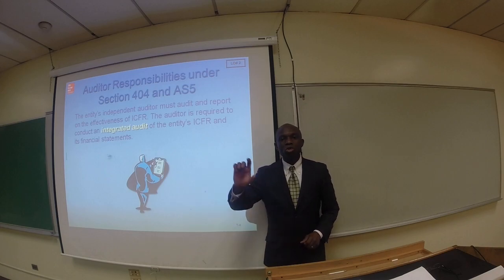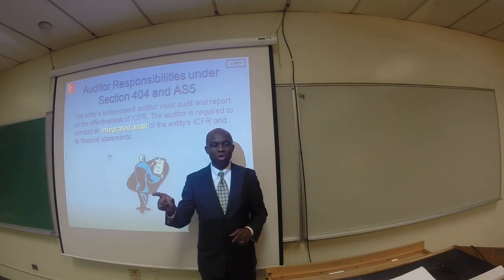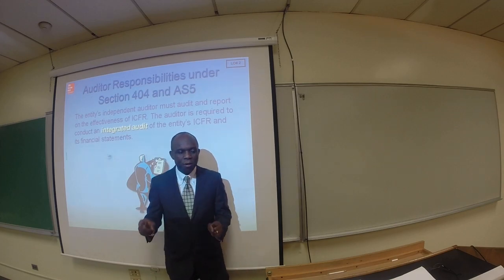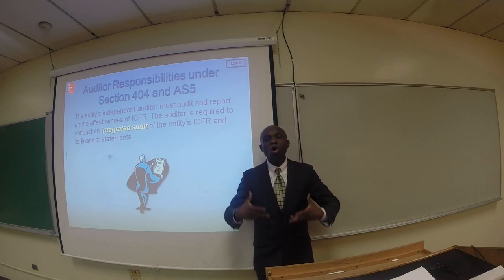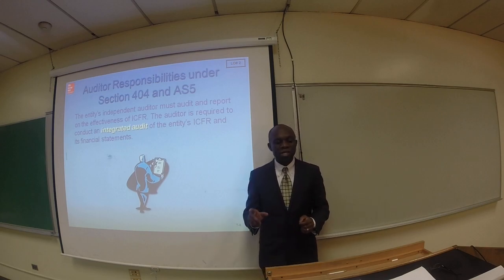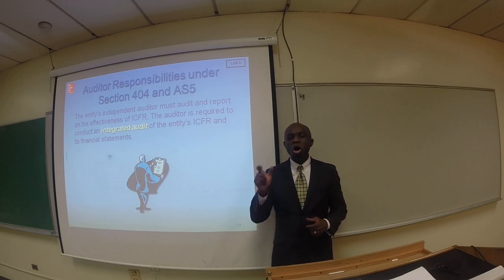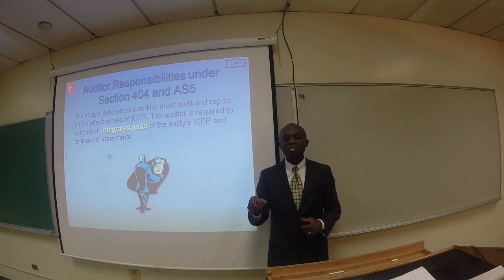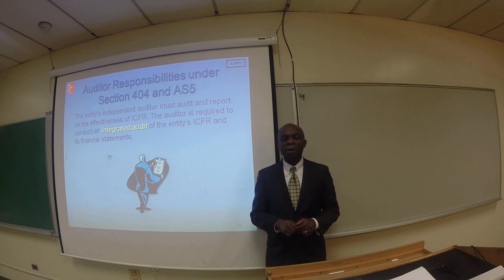Now, we are going to shift gear here. Here, we are going to talk about the auditor's responsibility, not management responsibility, but the auditor's. So the law, the Sarbanes-Oxley Act, also requires the auditors to do certain things. It says that the entity's independent auditor must audit and report on the effectiveness of internal control over financial reporting. What are we talking about here?